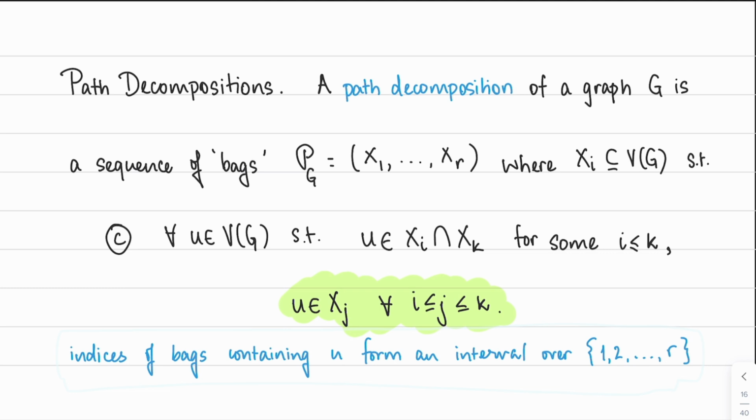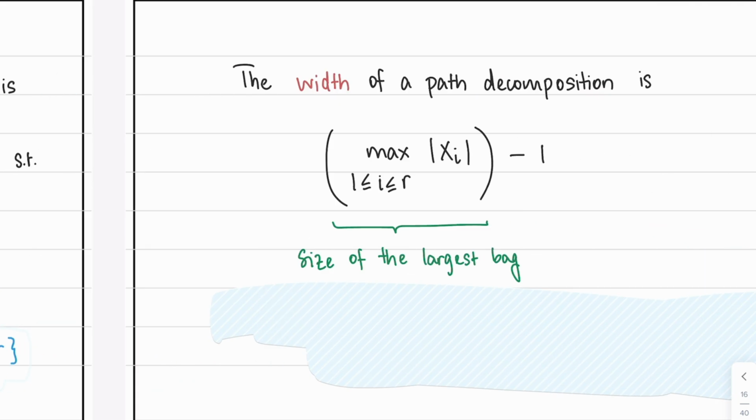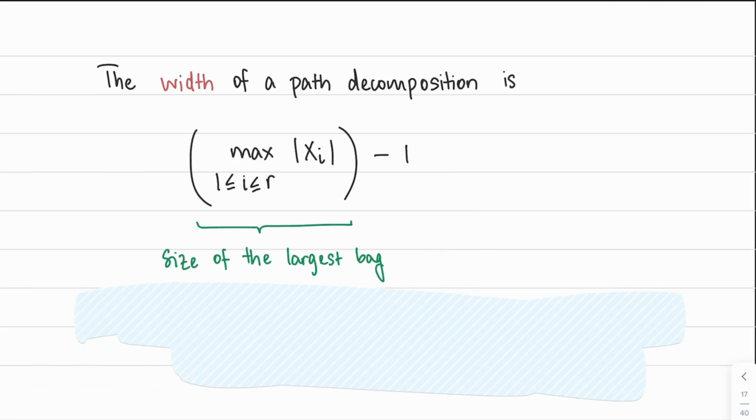Now, as we said, there can be multiple path decompositions for the same graph. An important aspect of a path decomposition is what we call its width. The width of a path decomposition is the size of the largest bag in it, minus 1. Now you might wonder what the minus 1 is doing there? It does look a bit artificial.